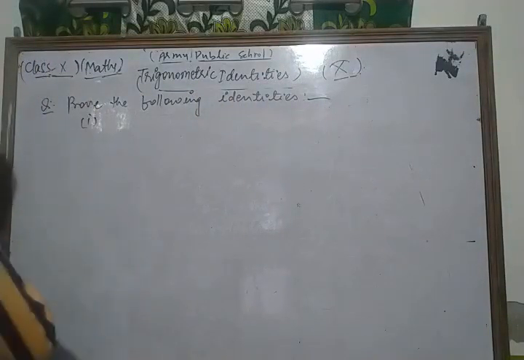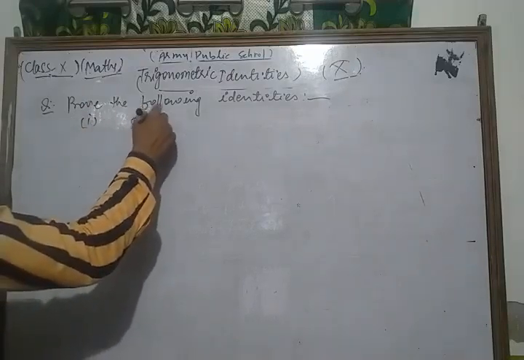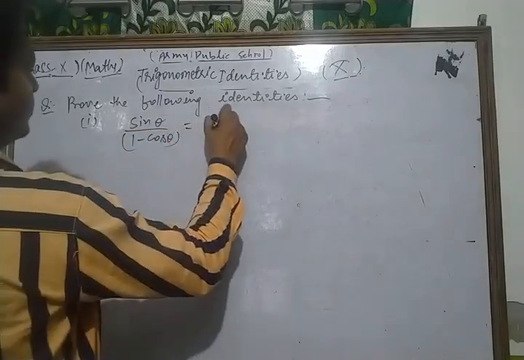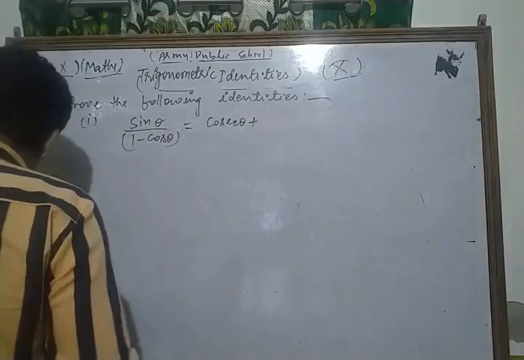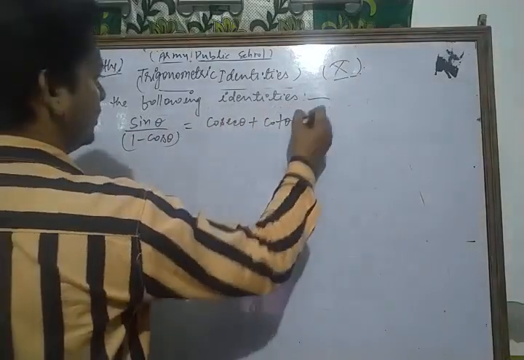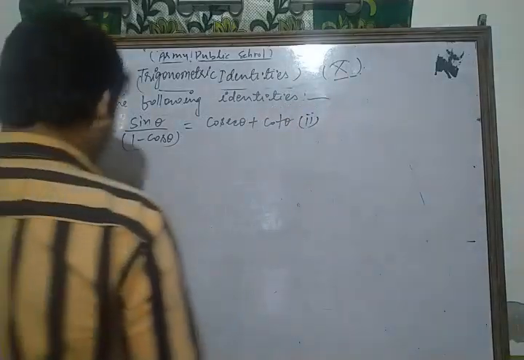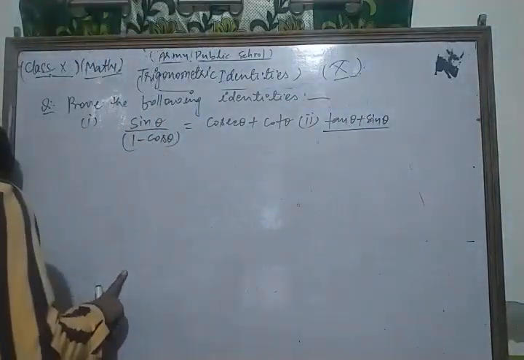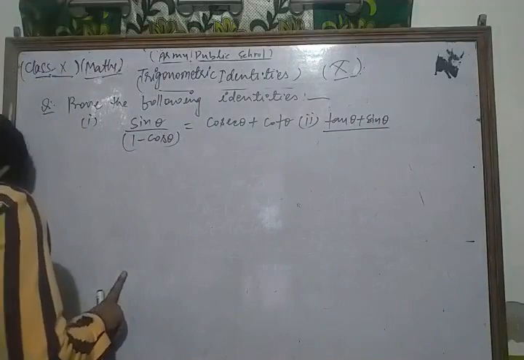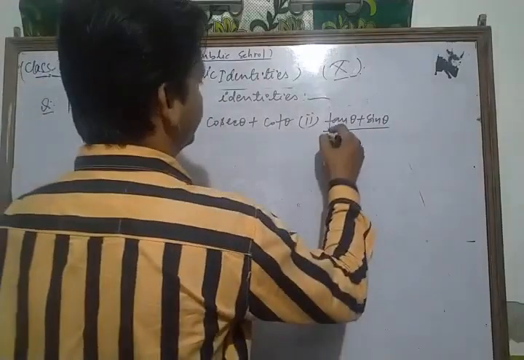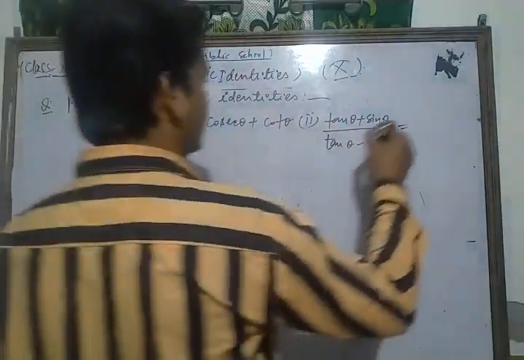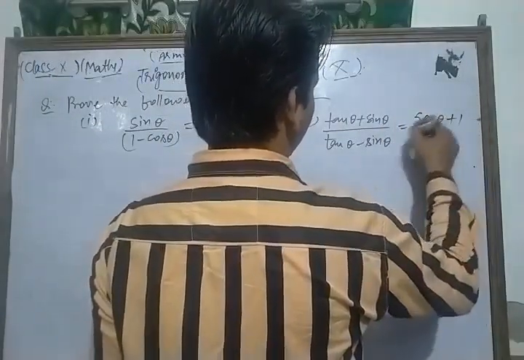First is sin theta upon 1 minus cos theta is equal to cosec theta plus cot theta, and the second one is tan theta plus sin theta upon tan theta minus sin theta is equal to sec theta plus 1 upon sec theta minus 1.